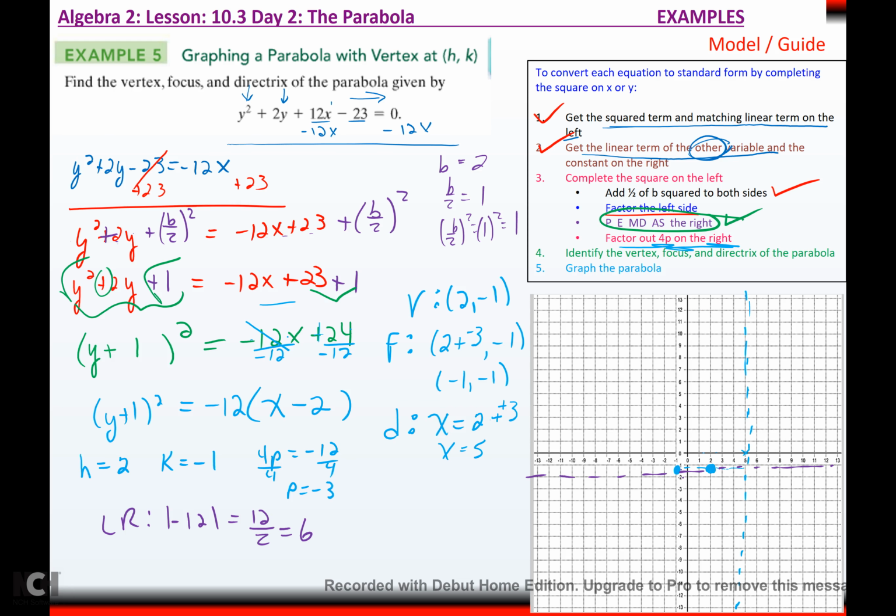So, where am I at? Negative 1, negative 1. So 1, 2, 3, 4, 5, 6 above. 1, 2, 3, 4, 5, 6 below, and then down to 5. And you connect your latus rectum points to your vertex, and there's your parabola.